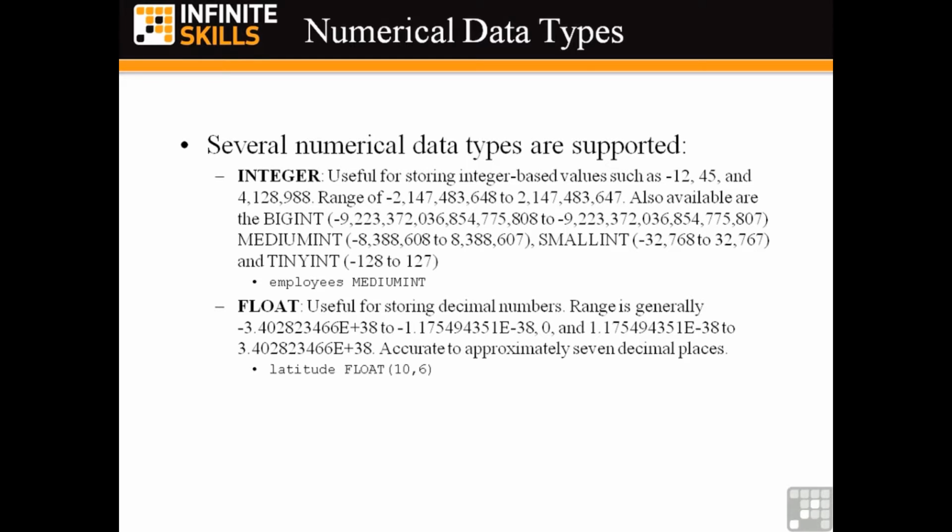Also at your disposal is the float, which is useful for storing what are known as single precision floating point numbers. The float is capable of storing a rather large range of values, which you can see on the slide. But it's very important that you understand float values are approximated, meaning that if your application requires absolute precision, you should instead use the decimal type, which I'll introduce in just a moment.